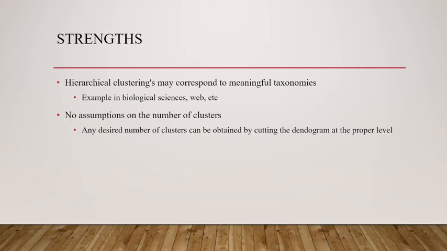These hierarchical clusterings correspond to meaningful taxonomies, like in biological sciences for the animal kingdom, phylogeny reconstruction, and on the web for product catalogs, etc. So these are the advantages or strengths of hierarchical clustering.